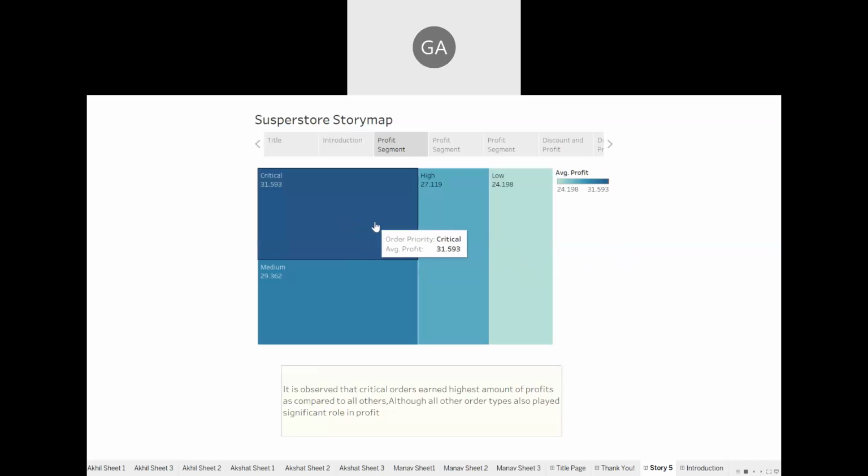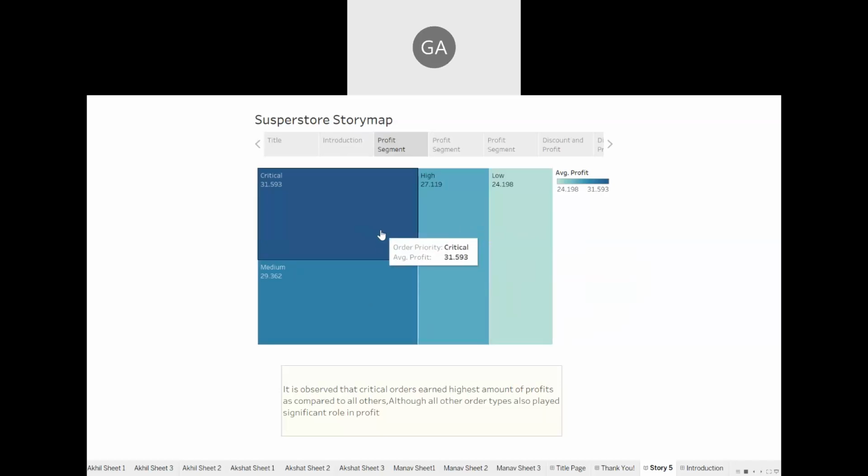The visualization on the screen shows the average profits by order priority. The order priorities are critical, medium, high, and low. Based on the order priority, the profit was divided to each order priority.